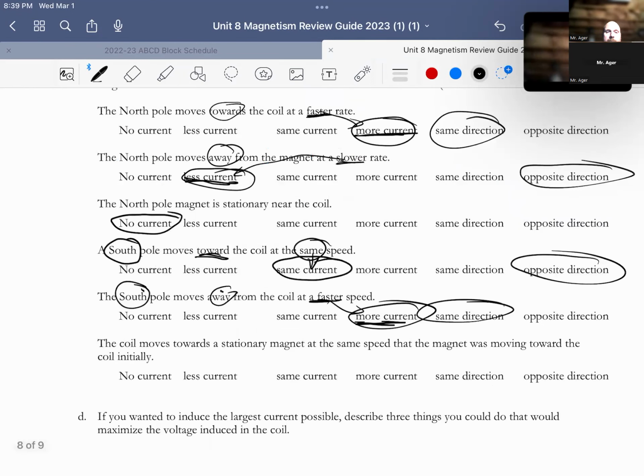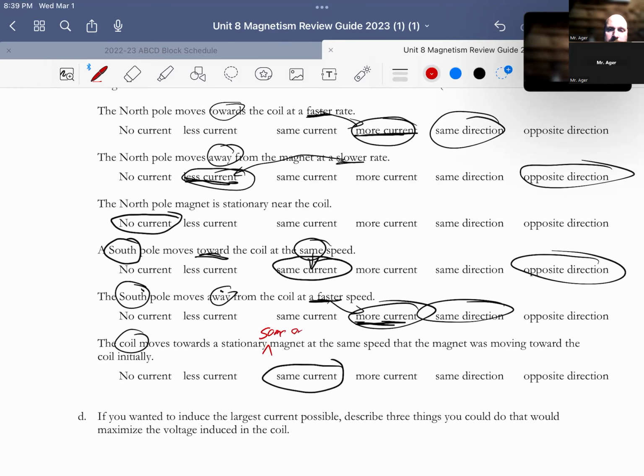Oh man, there's another one. The coil, now we're moving the coil towards a stationary magnet at the same speed that the magnet was moving toward the coil. I think we're missing one key thing, which is the orientation of that magnet. I'll address that in just a second. So let's hit the moving toward the coil initially. It's moving the same speed, so that's going to be the same current. It doesn't matter which one's moving. Now, I think we need to say the same orientation towards a stationary magnet.